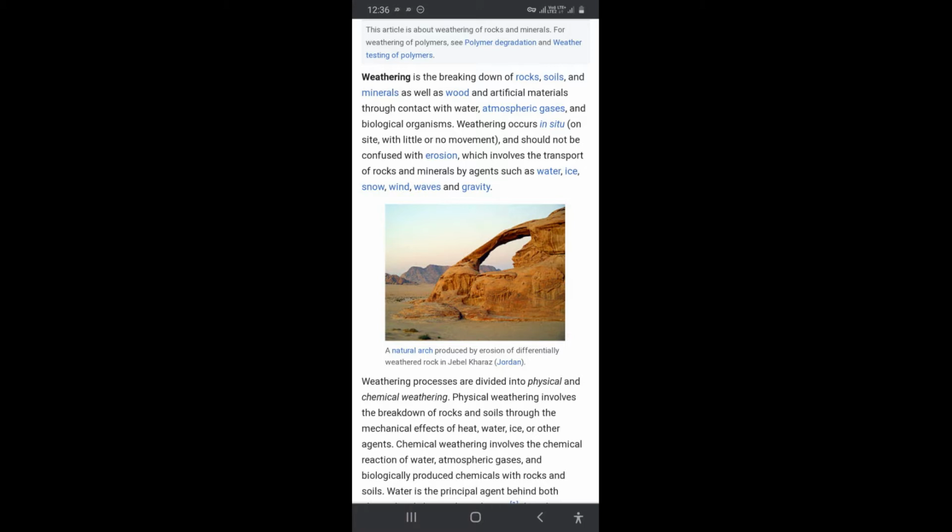So you have to understand that the rocks are made of minerals, and all of them may not be in chemical equilibrium. As I told you in the last class, rocks are made of minerals, and the minerals are the building units of rocks.